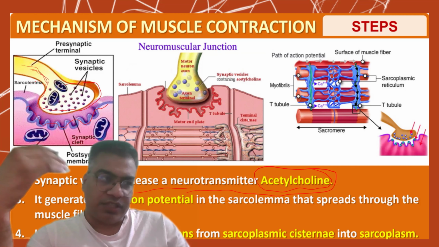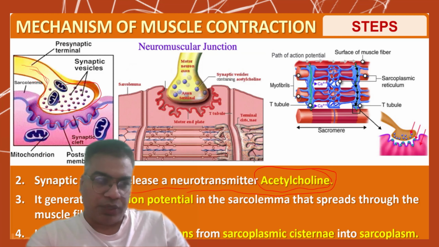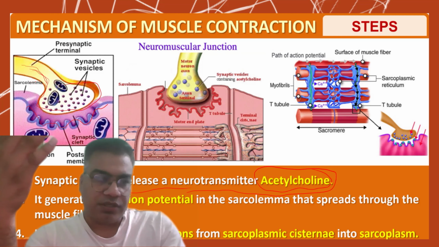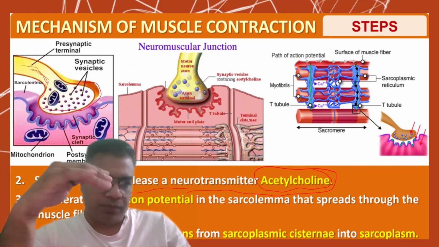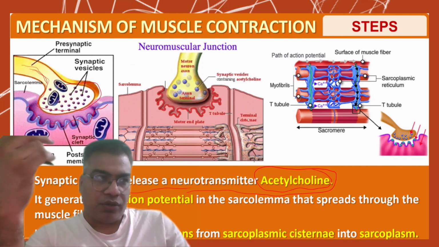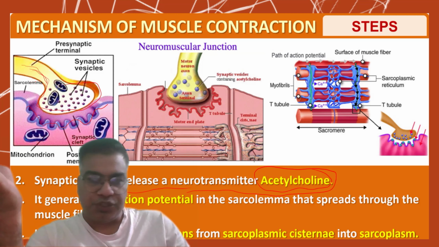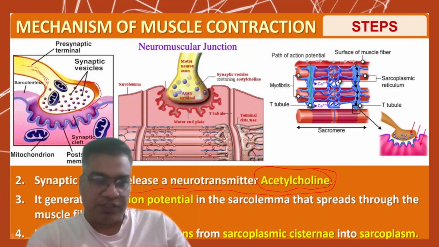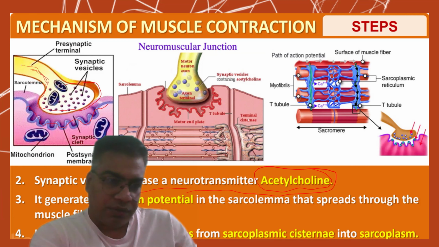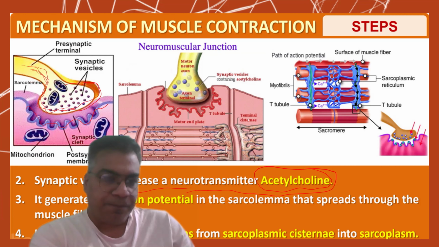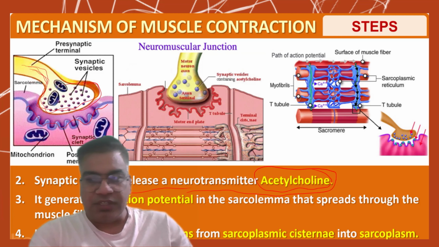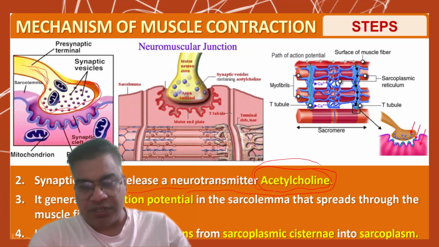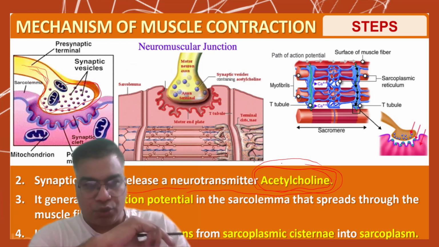In the normal state, the cell is in a polarized condition, so any electrical changes which reverse this polarity could be responsible for the generation of an action potential. This action potential travels from the neuron, and when it reaches the terminal end, there are synaptic vesicles. These synaptic vesicles release acetylcholine.